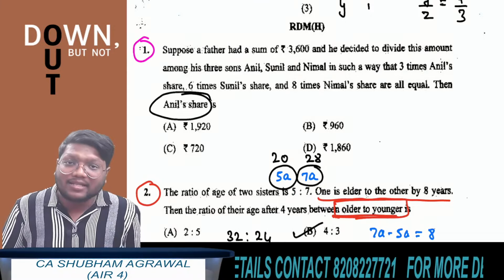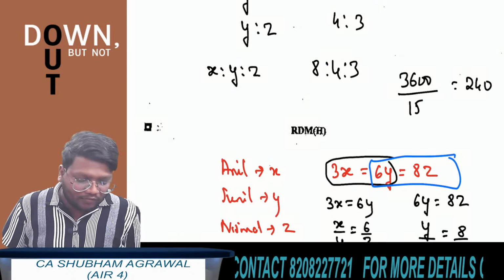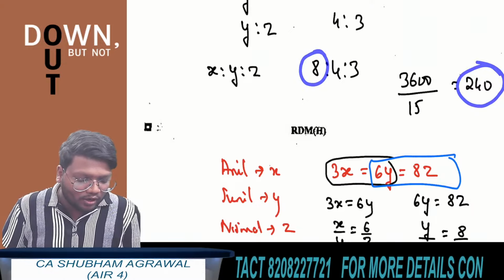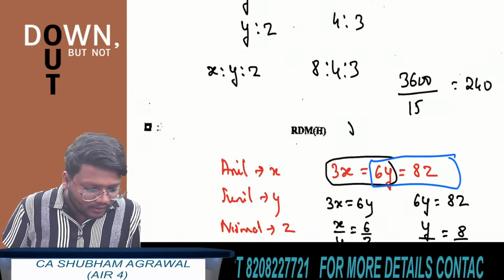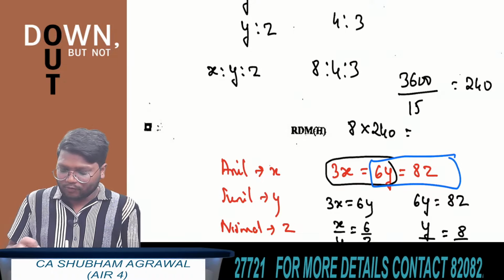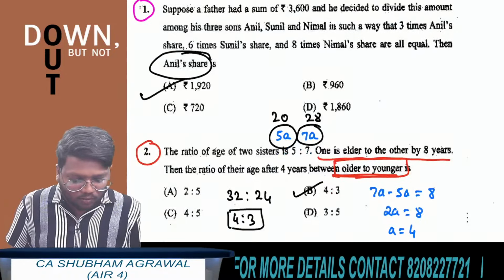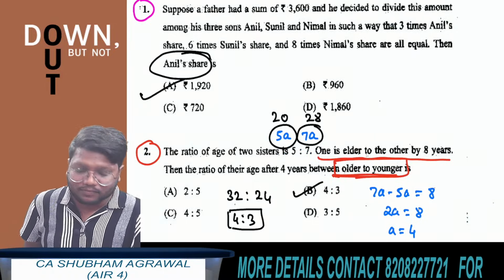You have to find Anil's share. Anil's share is 8 parts, so 8 multiplied by 240, which is 1920. Which option is correct? Option A is the correct answer.